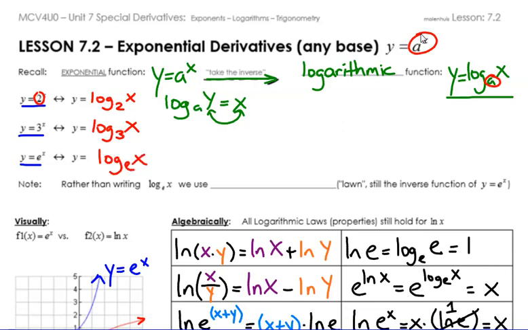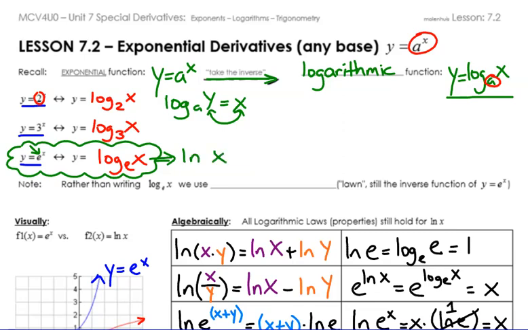And so the reason why I'm showing you this is because there is something very special about this bottom one. Okay, so this bottom one is when your exponential function has a specific base of e, you're going to get this guy right here. And that guy right there we can rewrite as something called ln x.